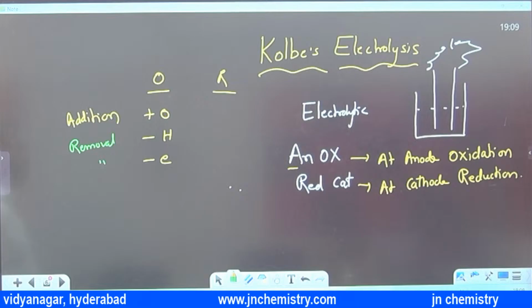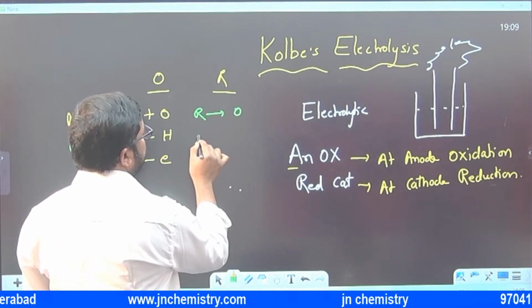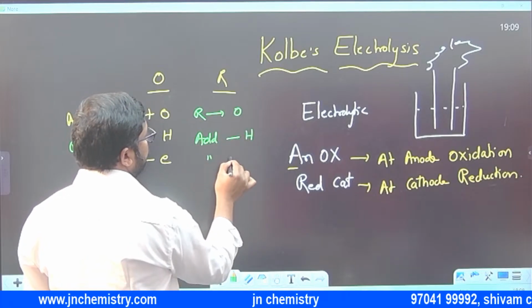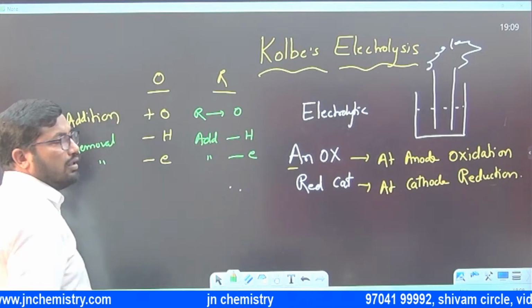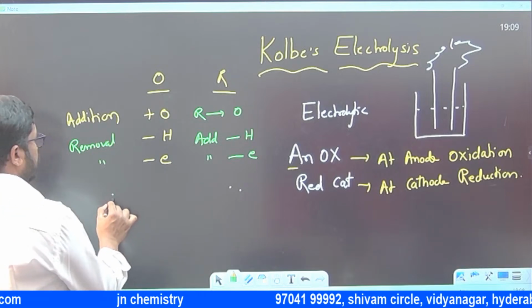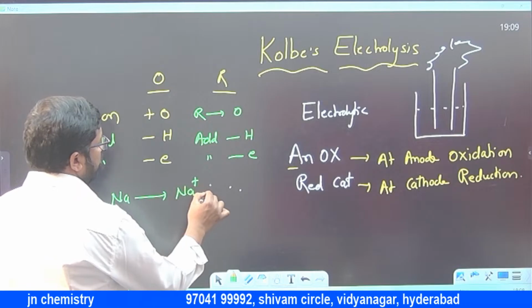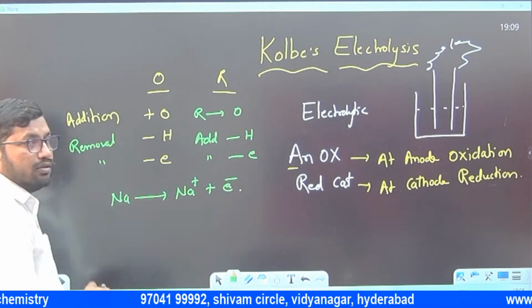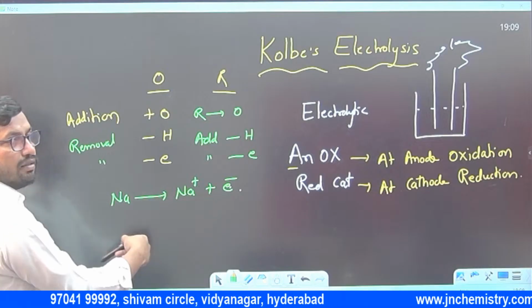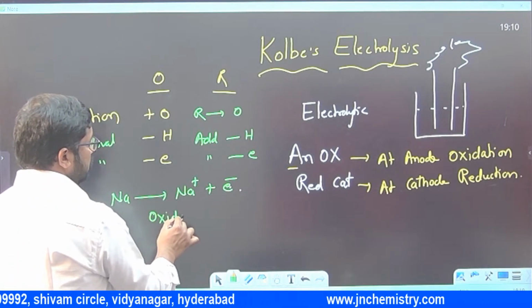Reduction is the opposite: removal of oxygen, addition of hydrogen, or addition of electrons. Imagine, for example, sodium gives rise to Na plus and an electron. Oxidation or reduction? Removal of electron, nothing but oxidation.